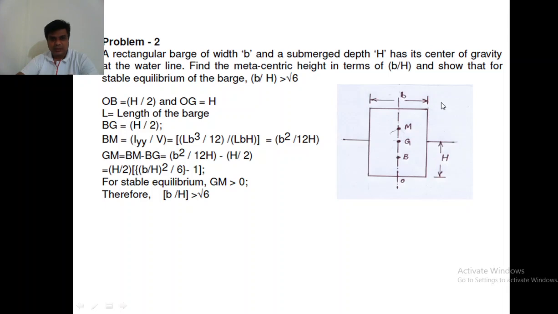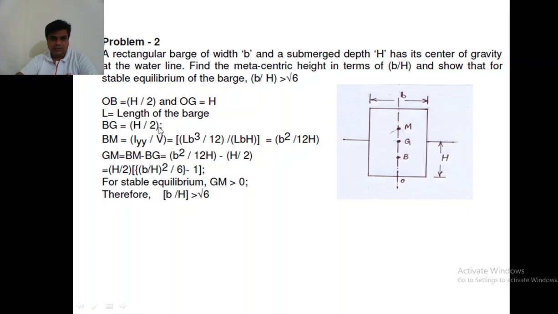Then L is the length of the barge. In top view, you can see the length in the y-axis. This is the cross section with the width and height, depth, but the length will be in the y-axis. That is in top view. So this is the length.